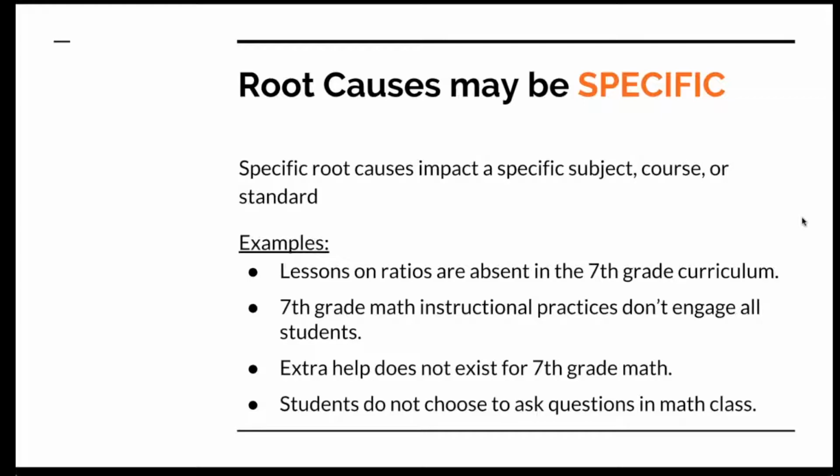You notice there's a theme with this: we're looking at a specific subject and a specific grade level, and even with the ratios, that's getting to a specific standard. That's something to note. When we're talking about specific root causes, you're looking at subjects, courses, standards, grade levels, or even student groups. So we're honing in from really broad to very specific.